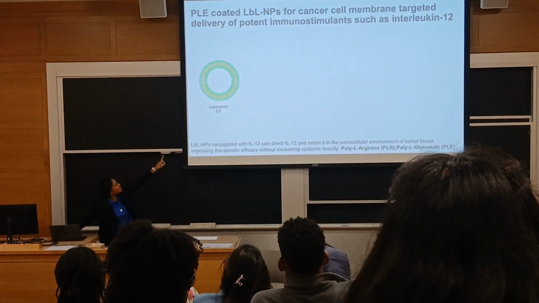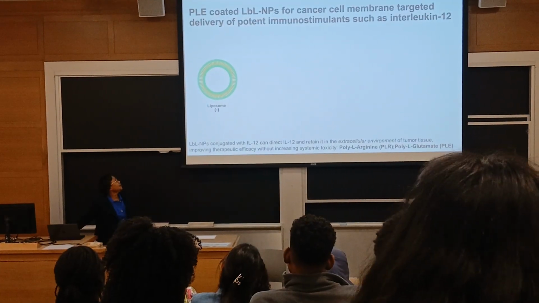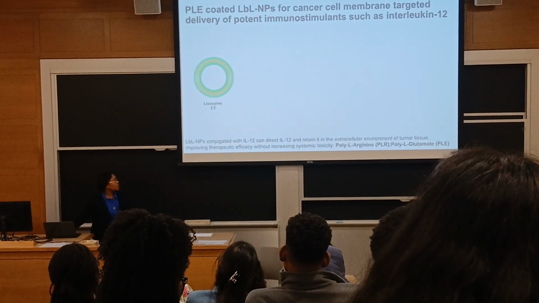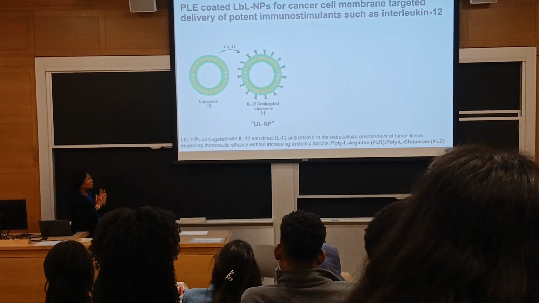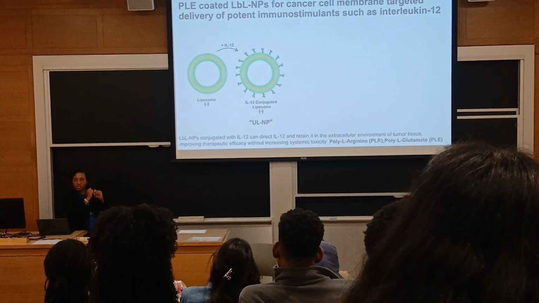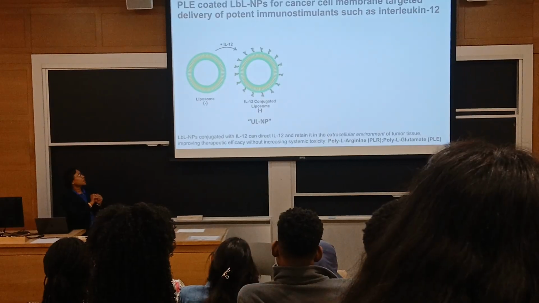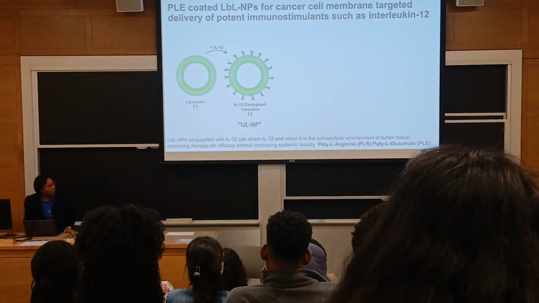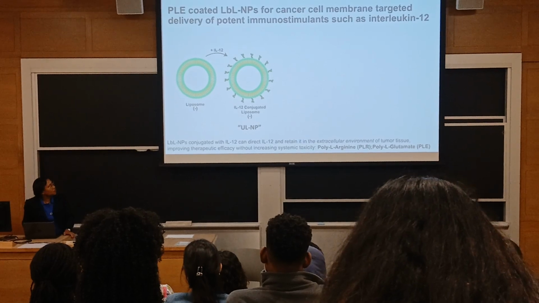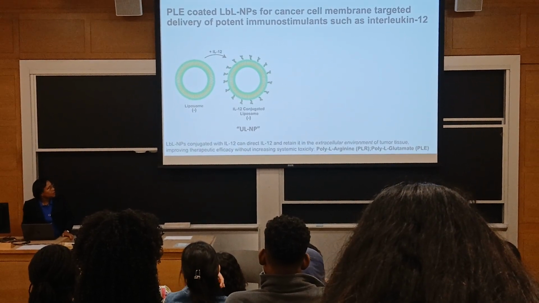We take a liposome, you can see it a little better here, bilayer, and some of those lipids have negative charge. We use a lipid that has a conjugatable group at the end, and we attach IL-12 protein to the lipid, and now we have some IL-12 conjugated directly by lipid to the liposome.